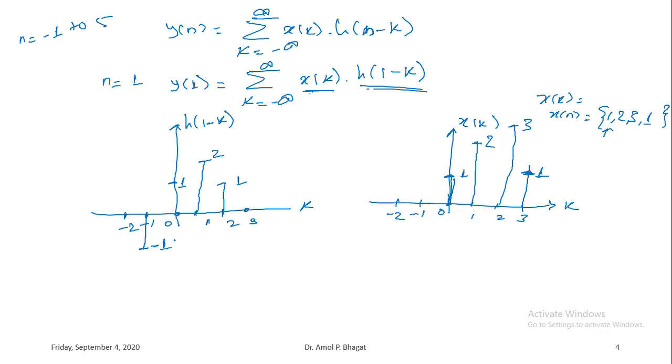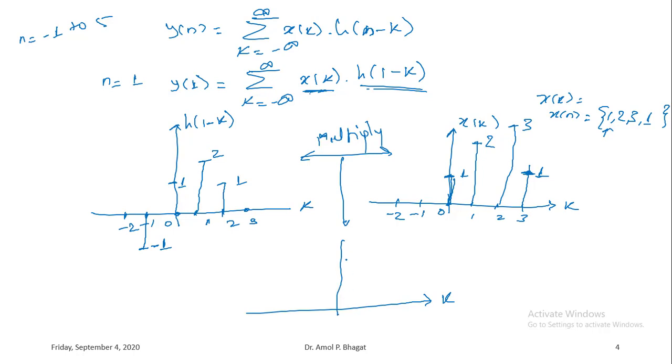Okay, so again you need to multiply these two sequences as per the formula, right? We are multiplying x of k with h of 1 minus k. Now we'll multiply these two sequences, and the multiplication result I will be plotting here.